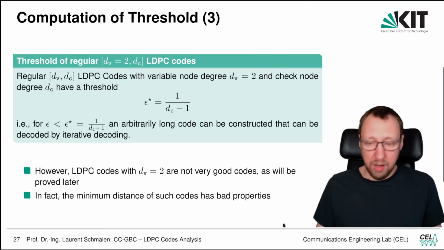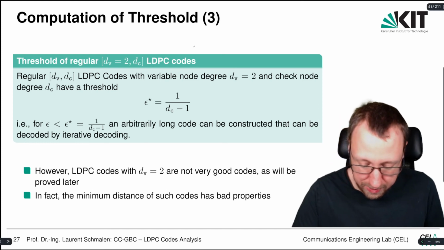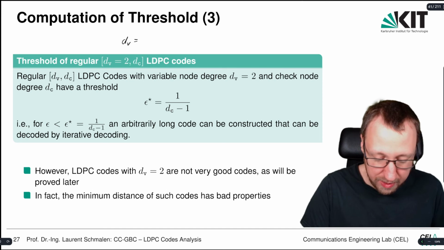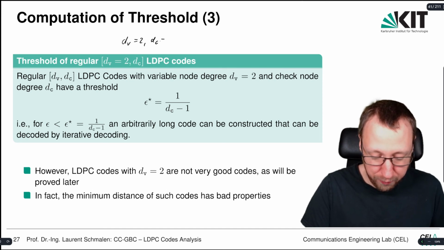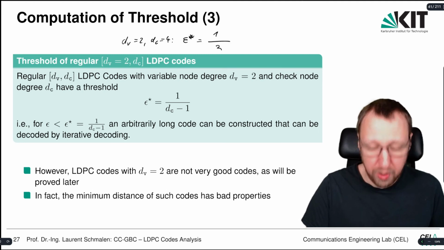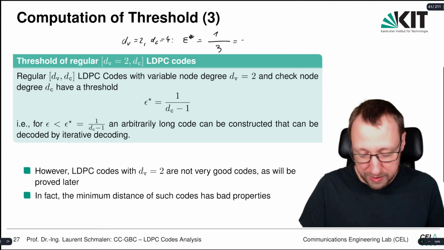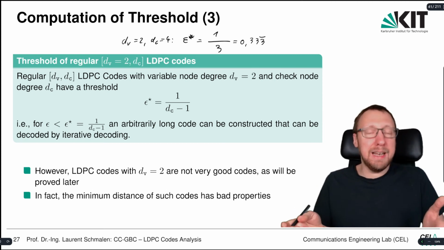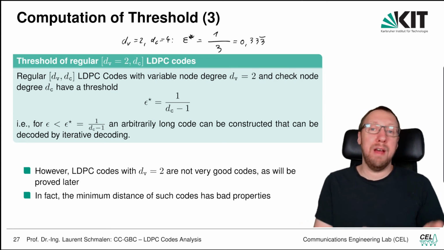And we saw, for instance, dv equals 2 and dc equals 4 means epsilon star is 1/3, which is 0.333. This is exactly what we saw in our numerical evaluation previously.